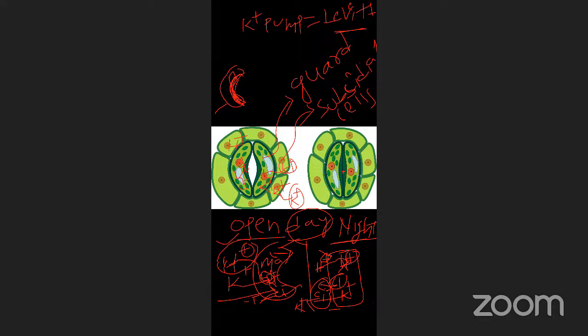So during night time, the water flows from guard cell to subsidiary cell. As a result of loss of water, the guard cell shrinks and closes. During the day, the stomata open. This is the mechanism of closing and opening movement, right?